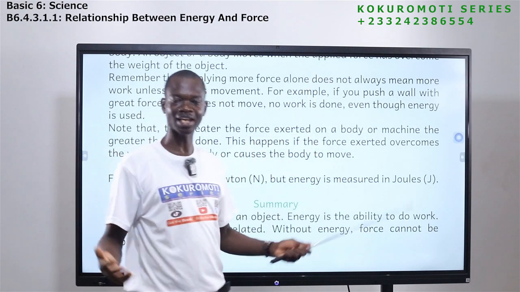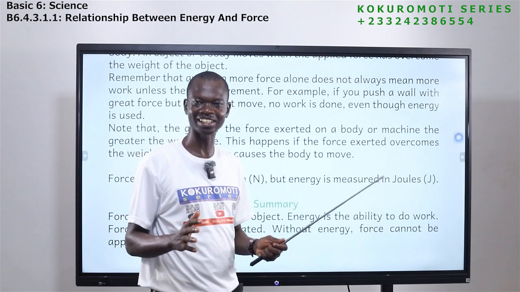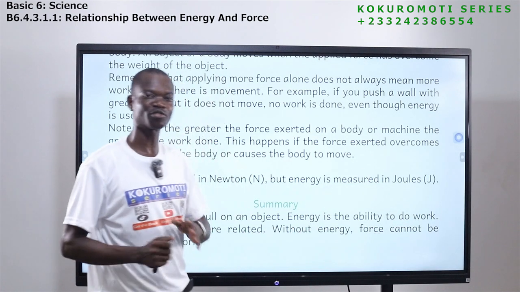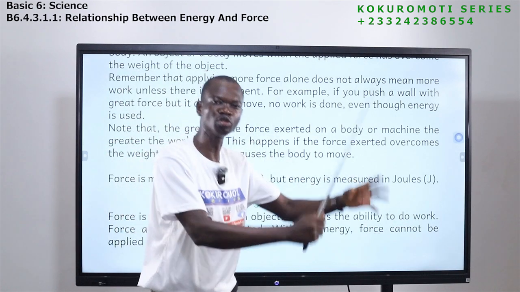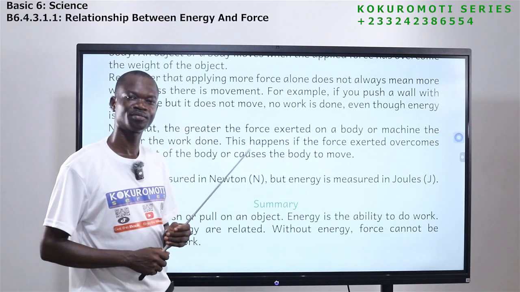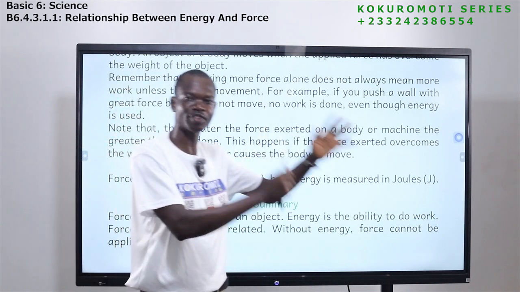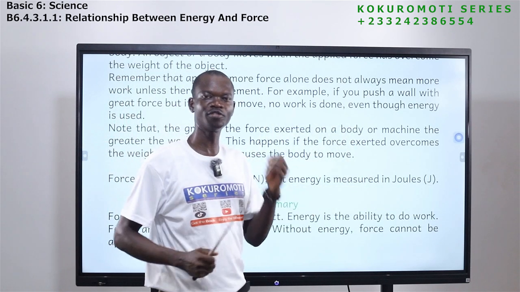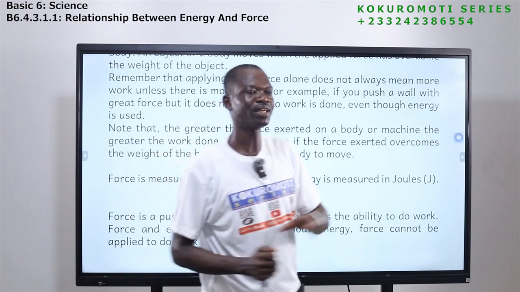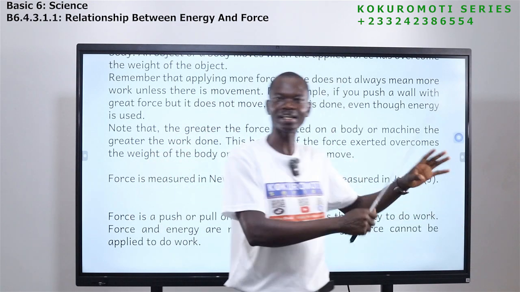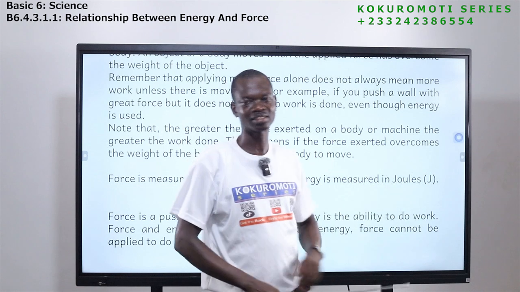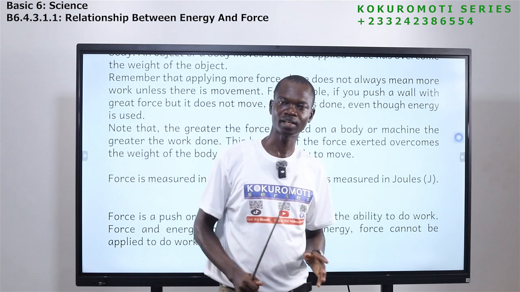It means no work has been done. So you should understand it. Work is only done when the force that you have applied has moved the object, has had an effect on the object. So if the force has not made any changes, has not had any effect on the object, then it means no work has been done.